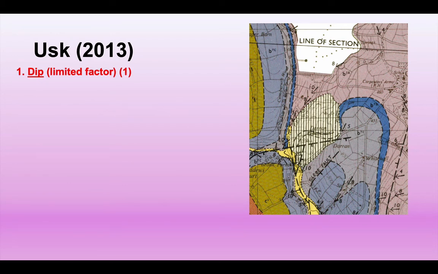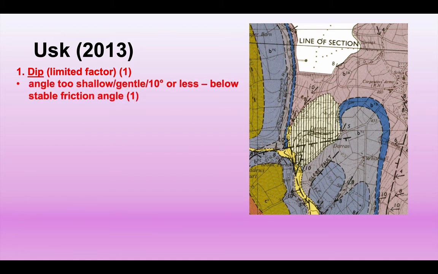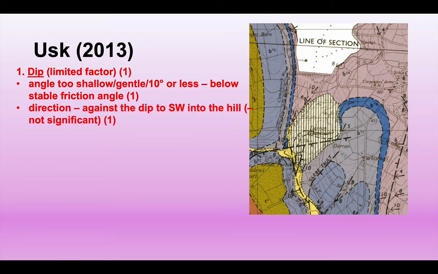So the dip of the beds here is going to be a very limited factor. If we look at the dip amounts, they're all very gentle, 10 degrees or less. That's going to be below any basic friction angle. The dip is into the slopes. It's very similar to the exercise we were doing on Pendle Hill.